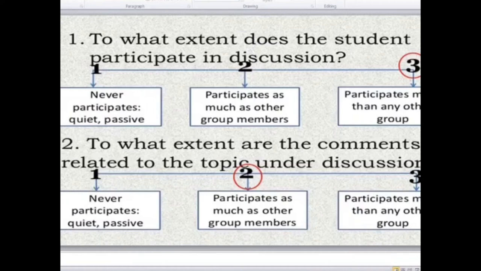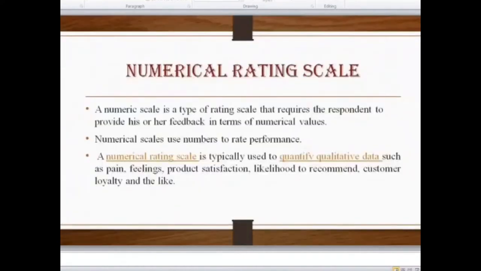And the next one is the numerical rating scale. A numerical rating scale is a type of rating scale that requires the respondent to provide his or her feedback in terms of some numerical values. Here it uses some numbers to rate the performance.